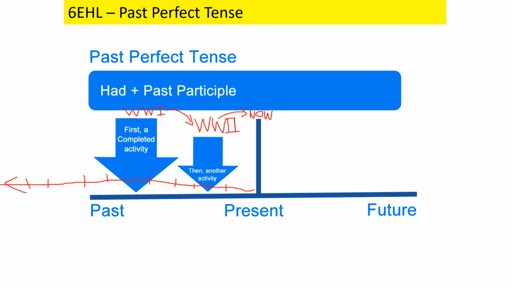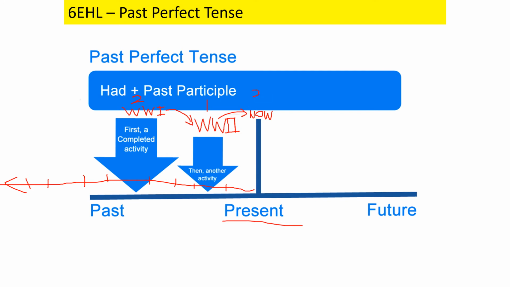Right? So I can say by the time that World War II started, World War I had finished. So you're talking about a time in the past that is before another time in the past, right? But you're saying it in the present, right?